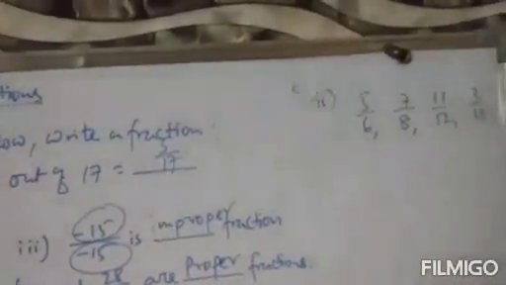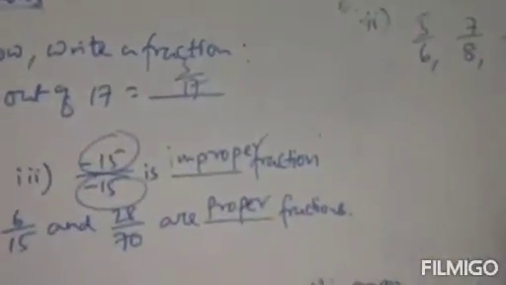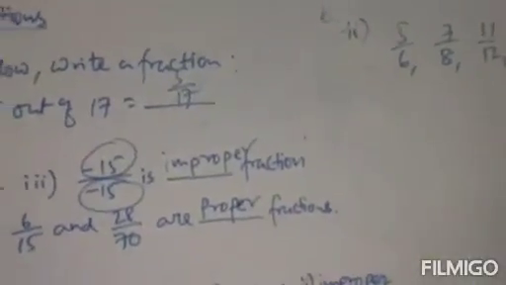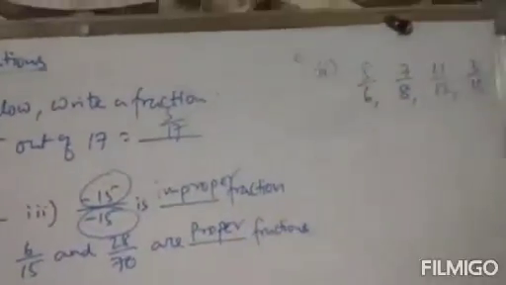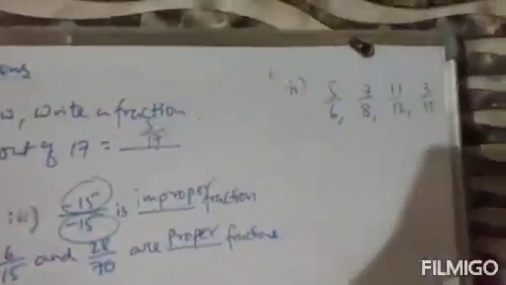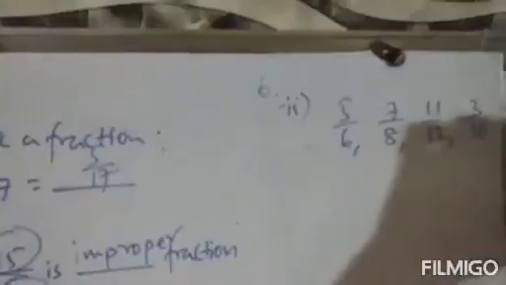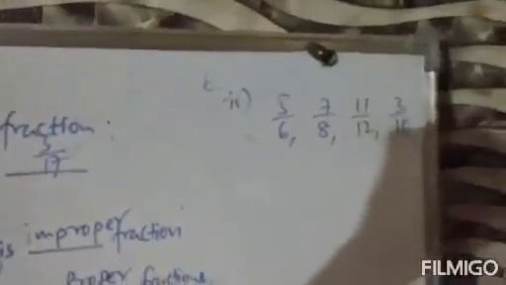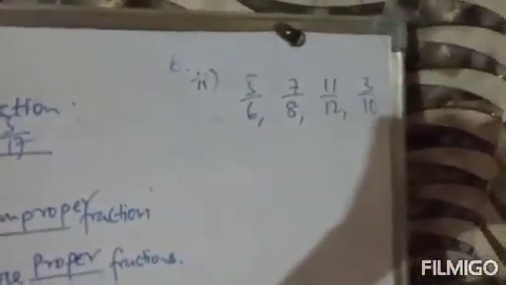So we will convert these denominators into the same denominator. To do this, we have to first find the LCM of the denominators. That means we will find the LCM of 6, 8, 12 and 10.